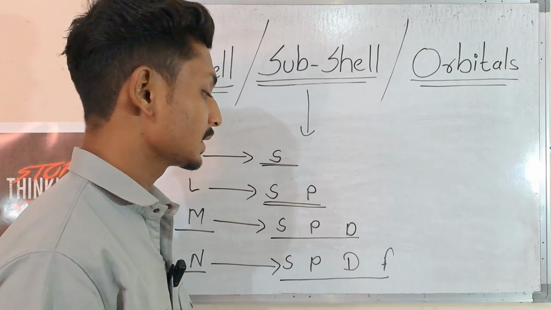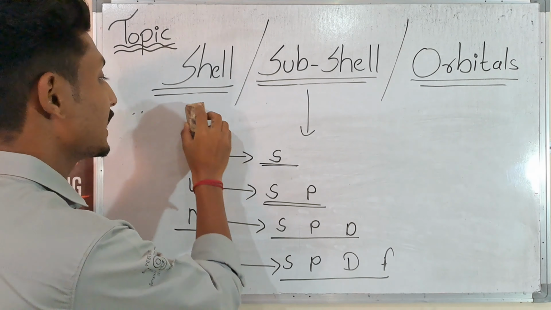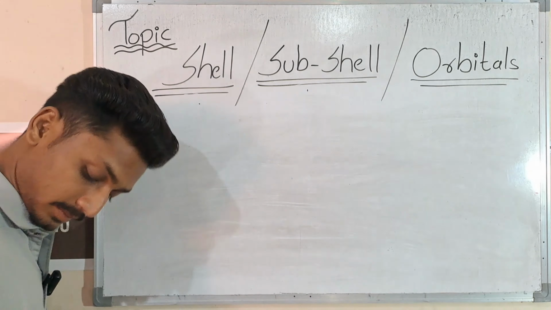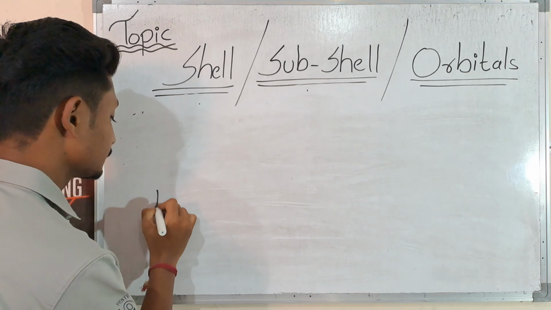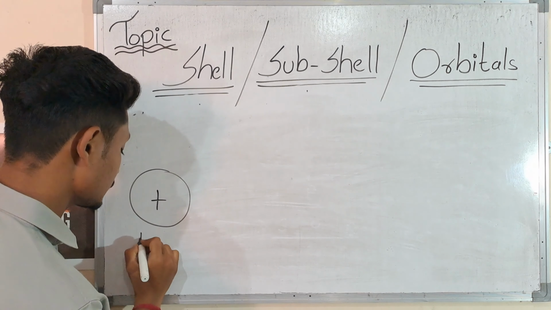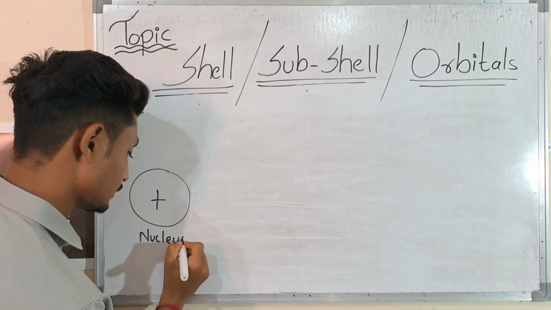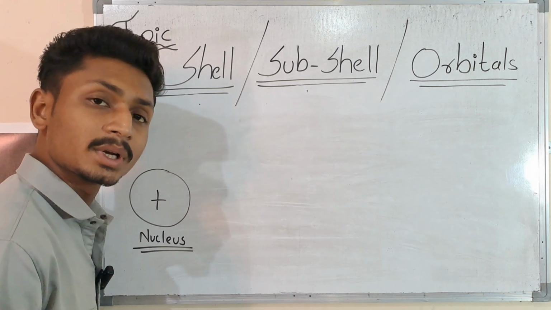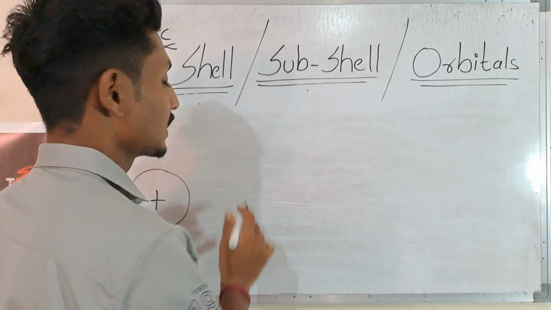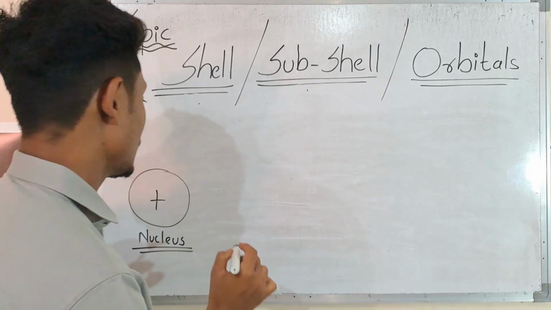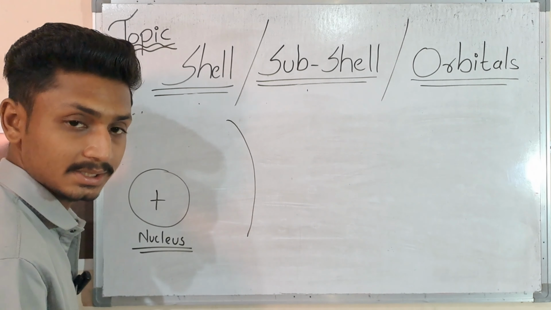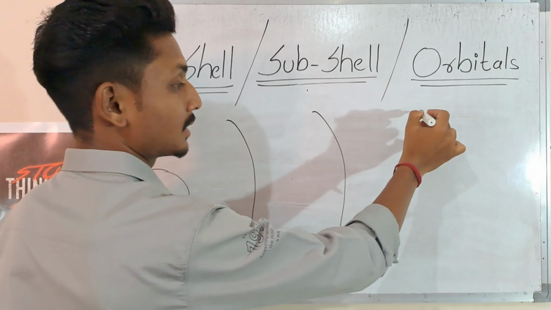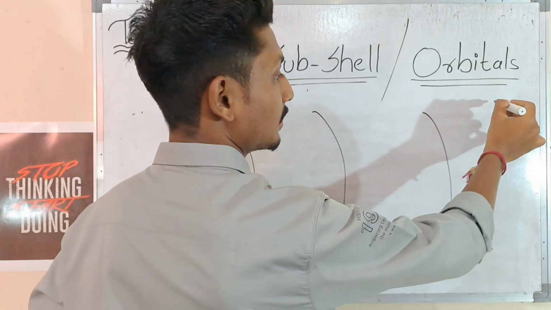Let's understand what is subshell diagrammatically. This is the nucleus. Near the nucleus there are shells in which electrons are present: first shell, second shell, third shell, and fourth shell.